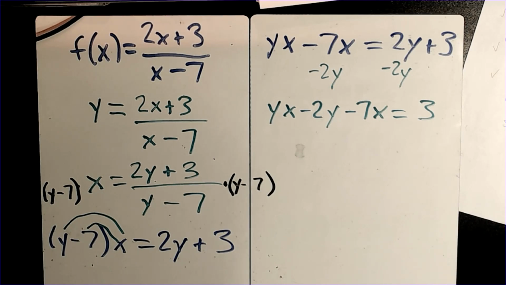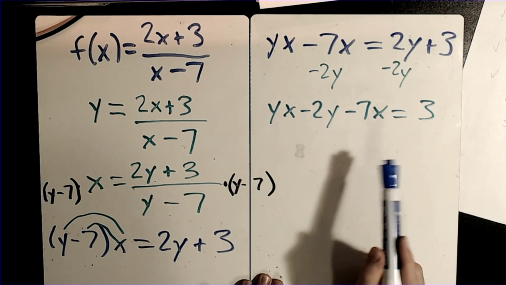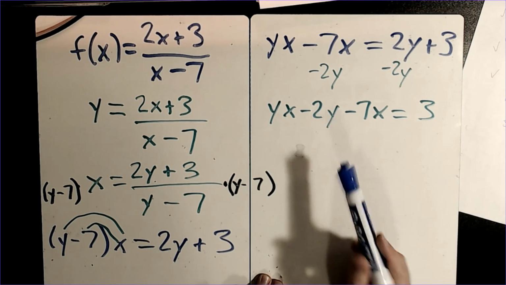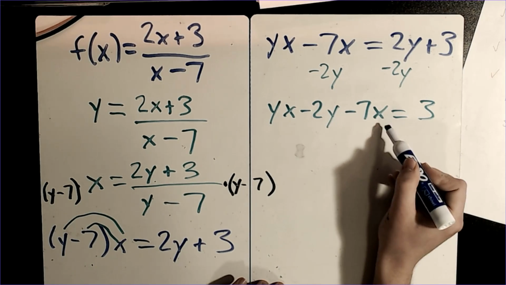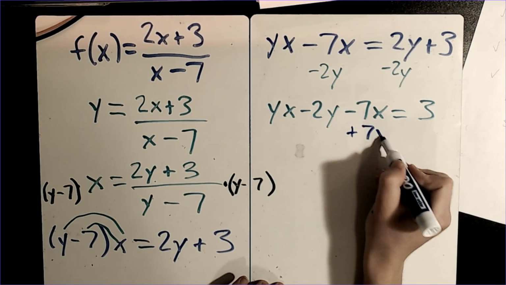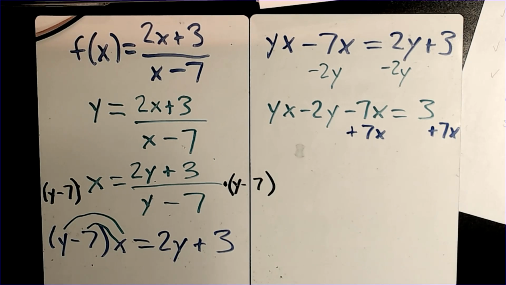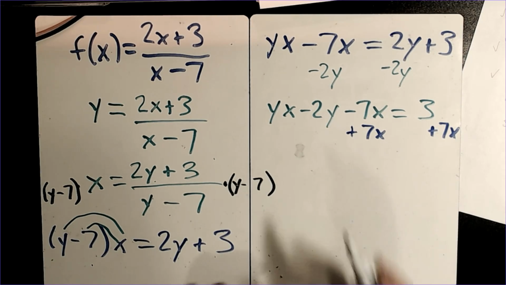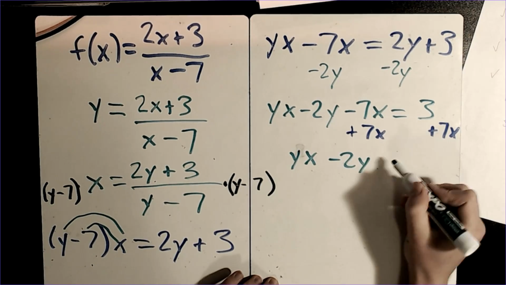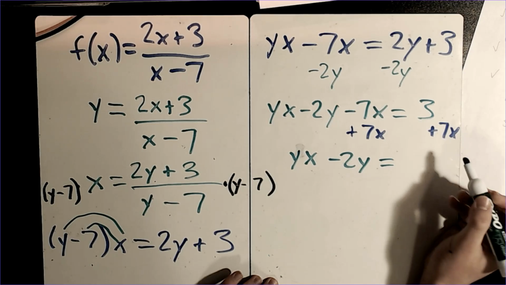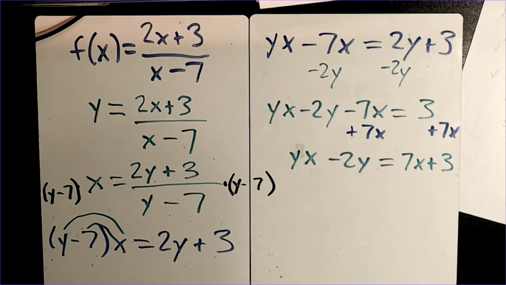And now the y's are on the same side. Let's move anything else that doesn't have a y in it over to the other side. So there's this negative 7x. We're going to add 7x on both sides there. And what we end up getting is yx minus 2y is equal to 7x plus 3, or it could be 3 plus 7x, it doesn't matter.